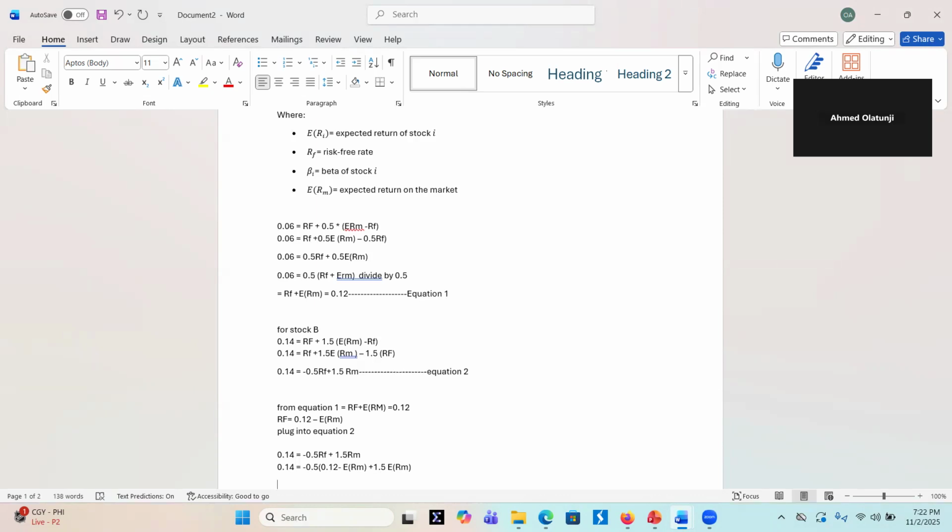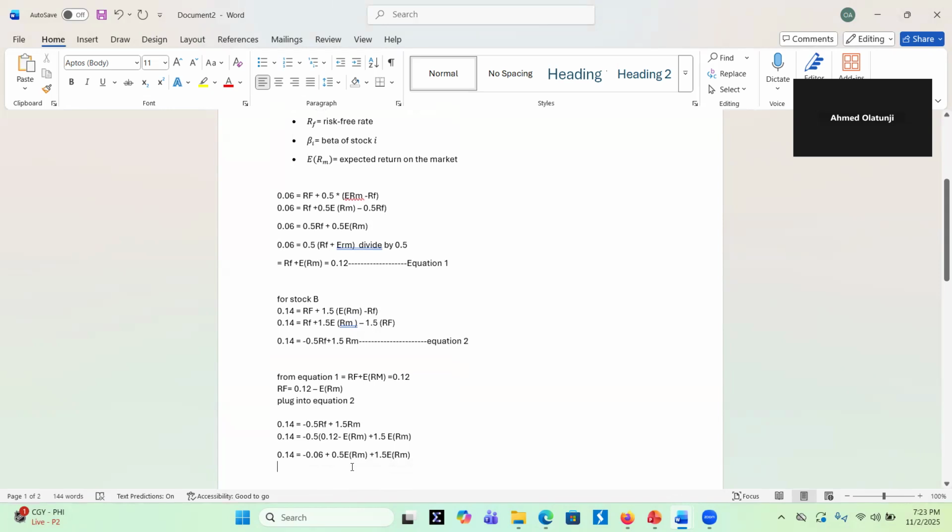So we now have 0.14 equal to minus 0.06 plus 0.5 ERM plus 1.5 ERM.